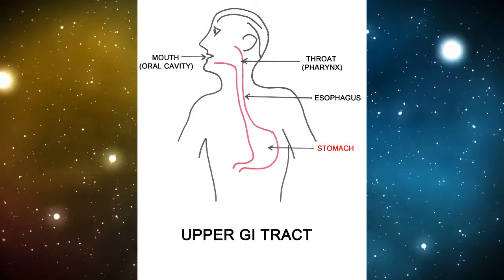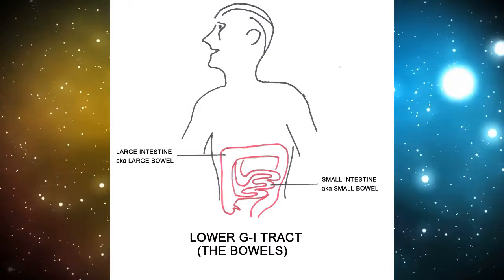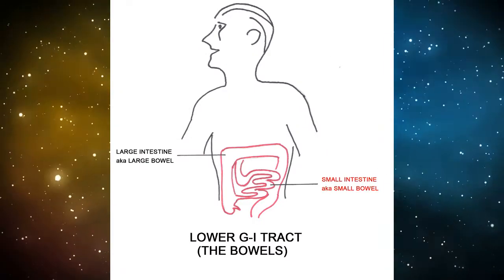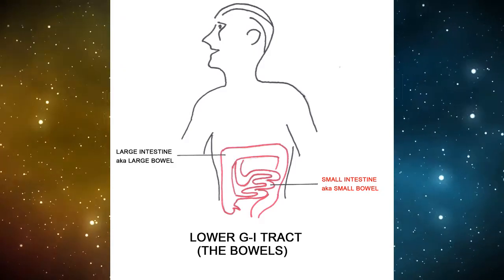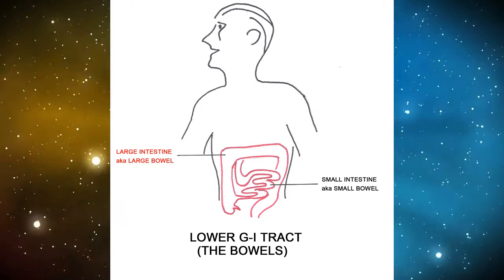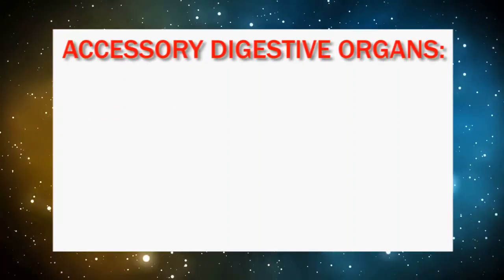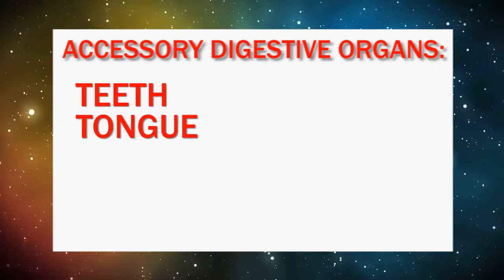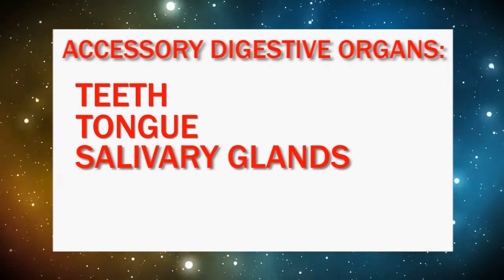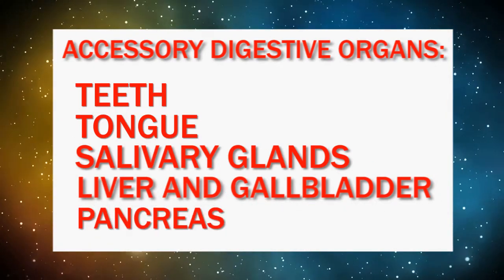The second part is the lower GI tract, also outlined here in red, which consists of the small intestine, also known as the small bowel, and the large intestine, also known as the large bowel. The accessory digestive organs are the teeth, the tongue, the salivary glands, the liver and gallbladder, and the pancreas.